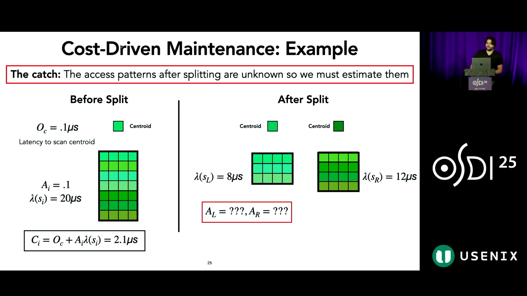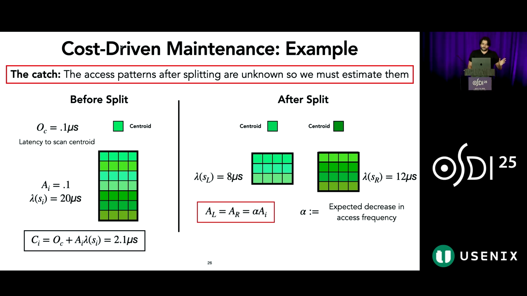But the catch here is that we don't know these access patterns until after we've split and after we've collected statistics. So we need to estimate them. And so we introduce a parameter here called alpha. This is just the expected decrease in access frequency for the partitions. We assume that it's going to be roughly equal between the left partition and the right partition, so that they are decreased by an amount proportional to the access frequency of the original partition.